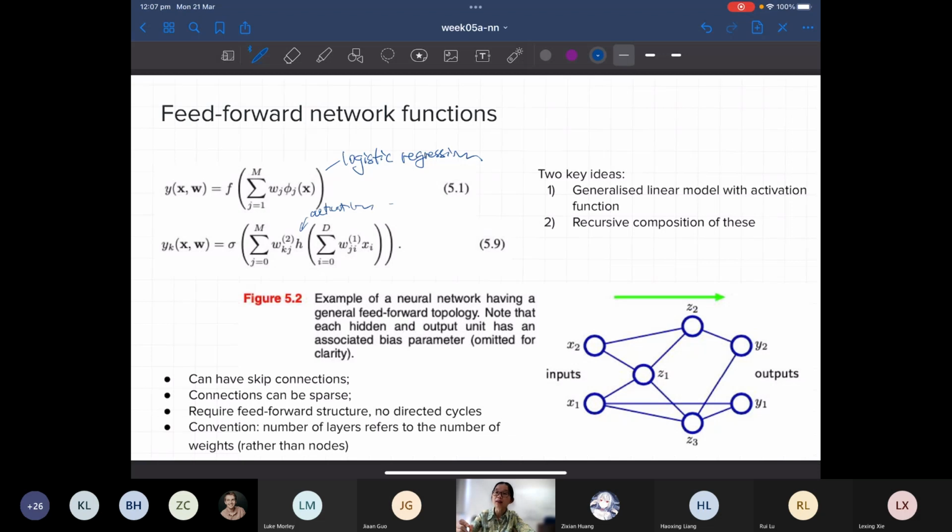And then we again do a linear combination in the second layer, hence superscript 2, of these first layer combinations, and then pass through another activation function. These two activation functions don't have to be the same.